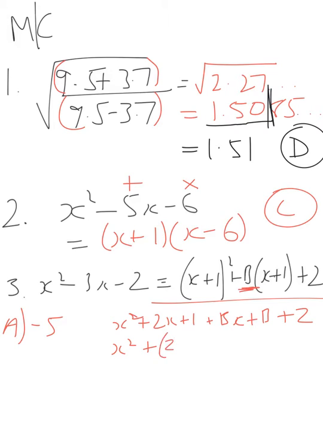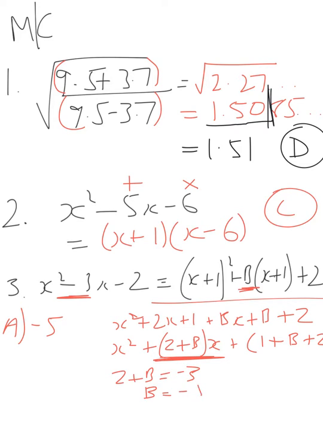Put the x's together, which is the 2 plus b, and put all the other numbers together. Now because that's already lined up, it's pretty easy that this here must be equivalent to that. So 2 plus b must equal -3. Take away 2 from both sides. B is -5, which was your A.